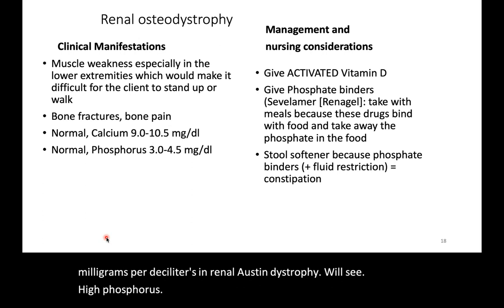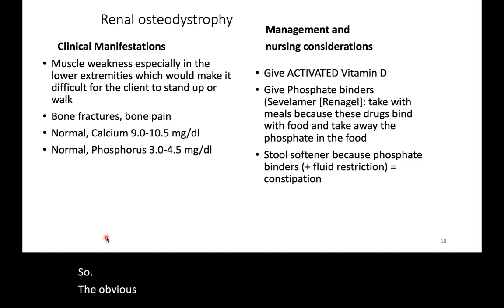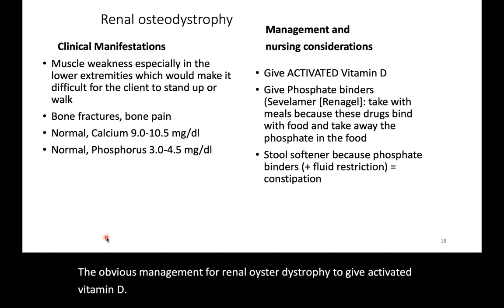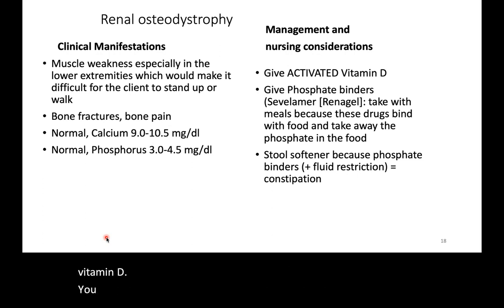So the obvious management for renal osteodystrophy is to give activated vitamin D. You give phosphate binders; sevelamer or Renagel is one that's common.